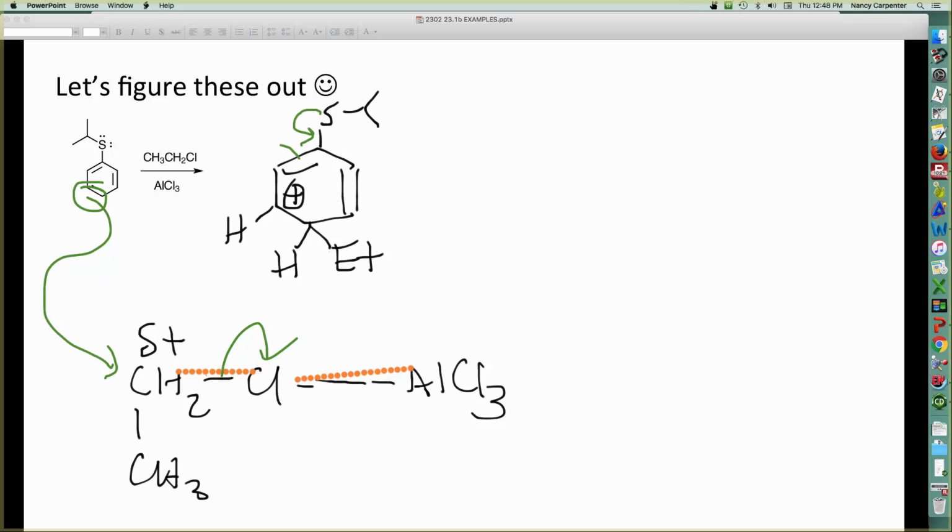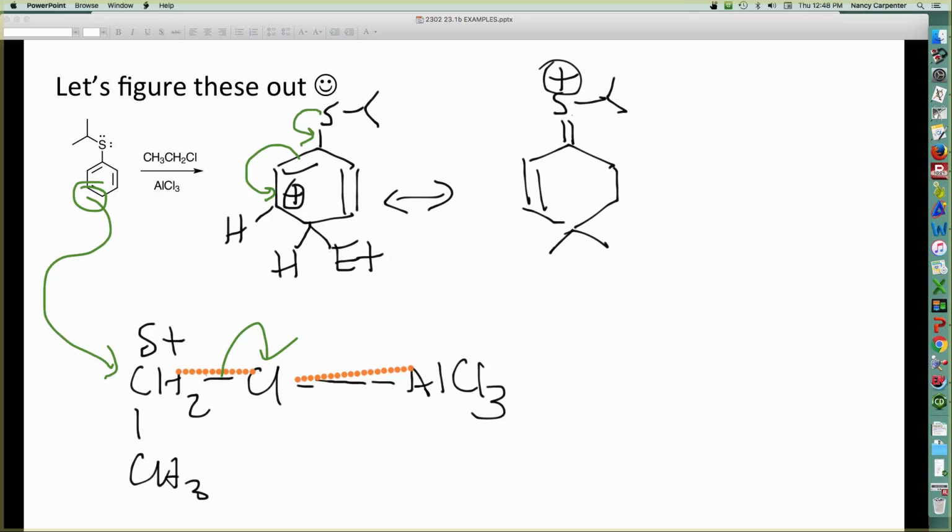And yes, it most certainly does, because again, that leads directly to the stabilized carbocation. It's stabilized by that lovely octet stabilized sulfur cation.